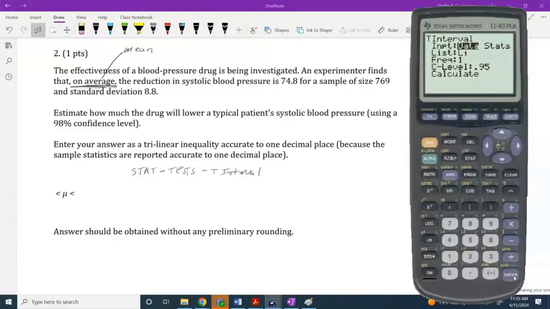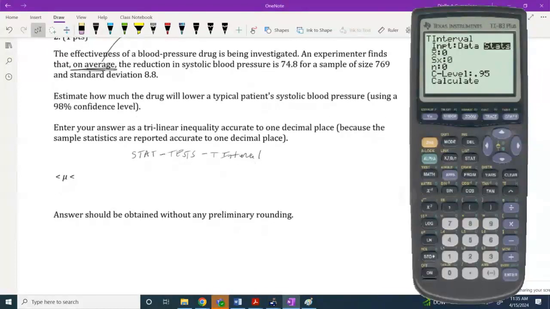Since we have the statistics, right, we know the mean, the standard deviation, and the sample size, I'm going to scroll over to stats for the stats we're going to put in. Okay. So we're going to use stats, and we're simply going to put in the stats.